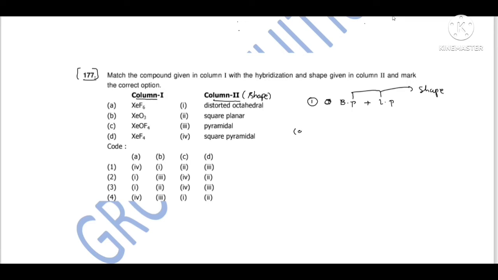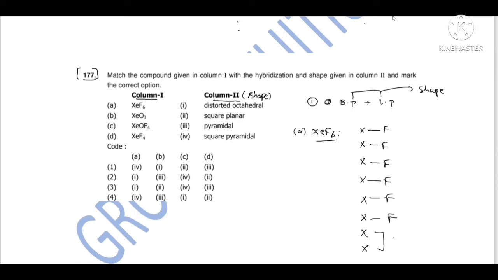I go with the first one, that is XeF6. We know that xenon belongs to group 18. It has 8 outermost electrons. Here 1, 2, 3, 4, 5, 6, 7 and 8. Xenon forms a bond with fluorine. Here, 6 fluorines are bonded with xenon.